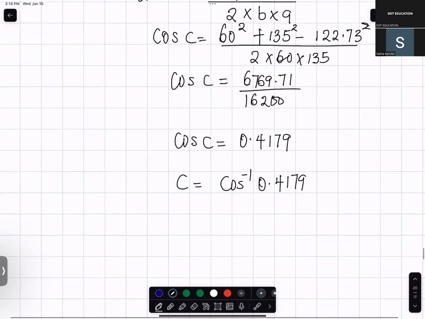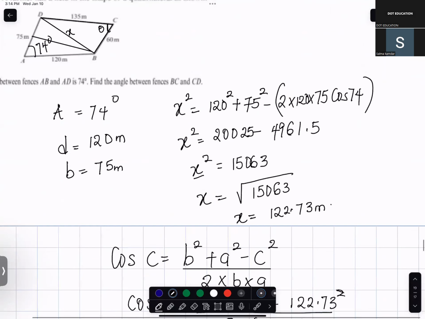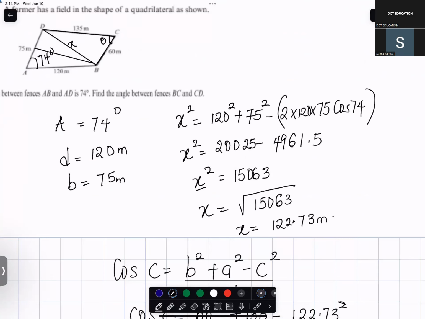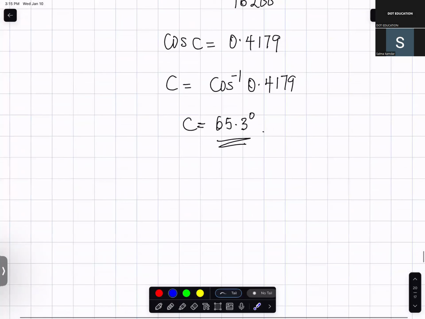So C equals 65.3 degrees. So we've gotten the angle at BC and CD. That's the angle at BC and CD as 65.3 degrees.